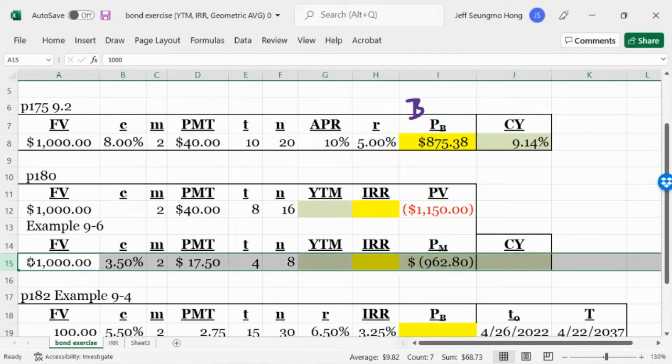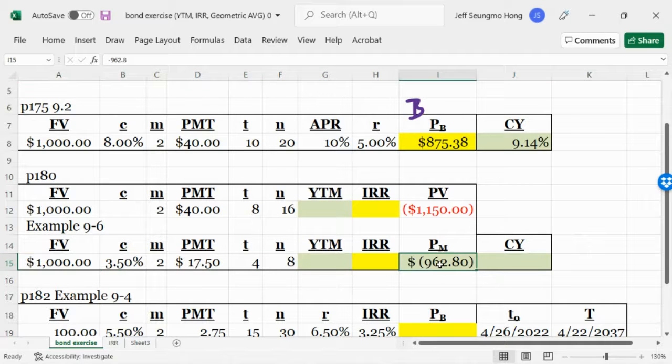Now we can express everything back in dollar terms. And here, the current market price of this bond is 962. Well, why is it in parentheses? Parentheses means a negative number. And I've been telling you, in Excel, if you want to use Excel's built-in function, it's basically a financial calculator.